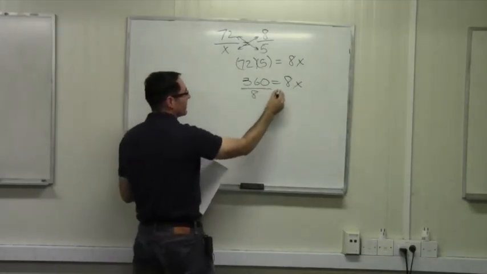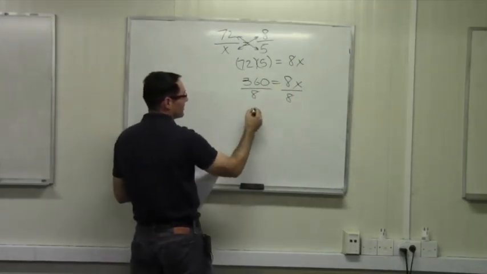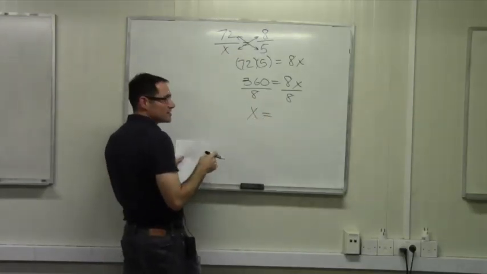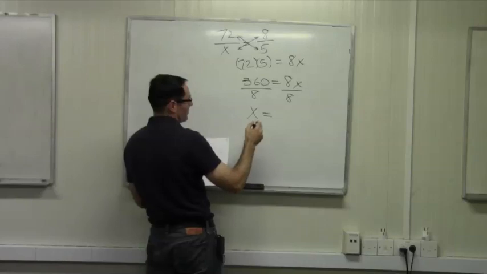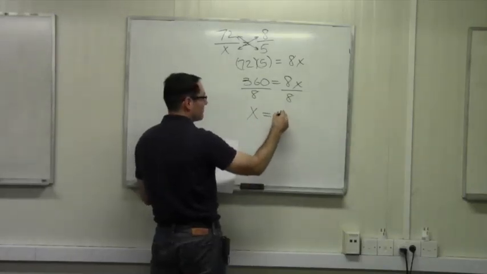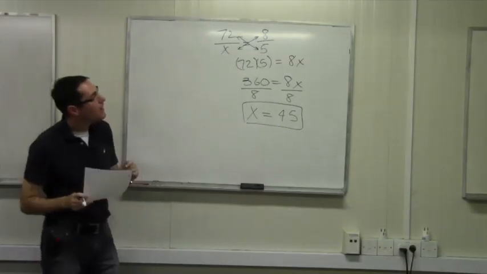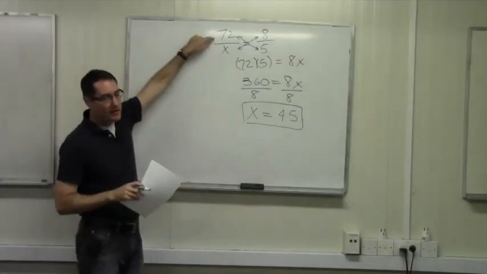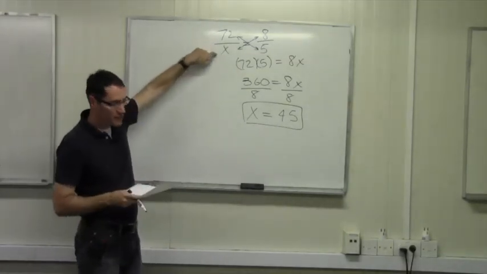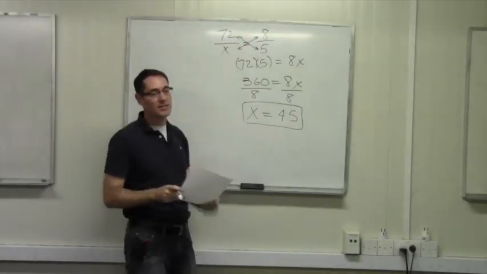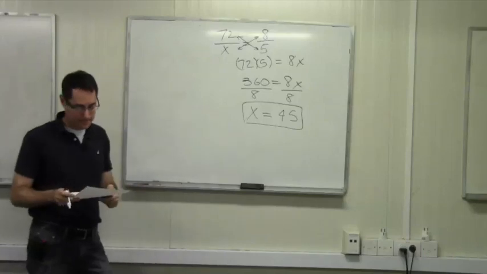Divide both sides by 8, and you're left with, I'll move the x on the other side just because it's standard, x equals 360 divided by 8, which is 45. And if you plug this into your calculator, 72 divided by 45, you get some answer. And hopefully, if you plugged in 8 divided by 5, you get the same answer. Good way to check it.